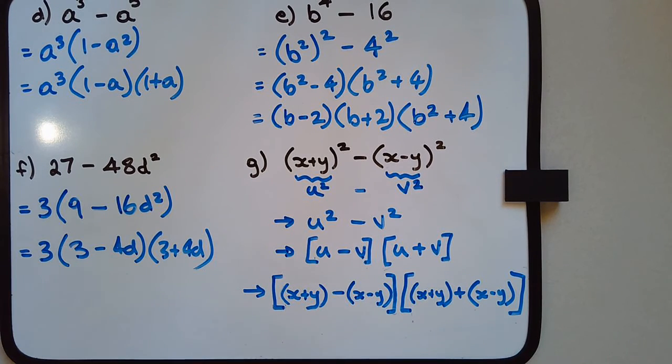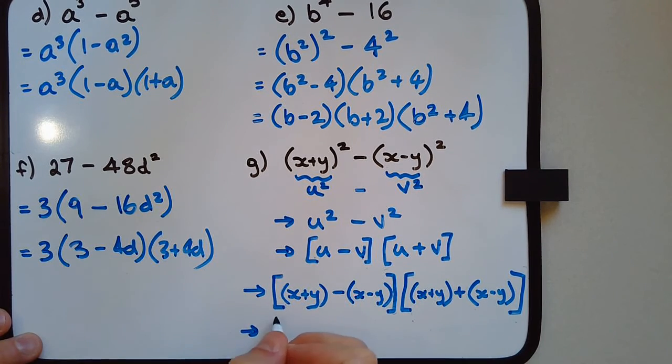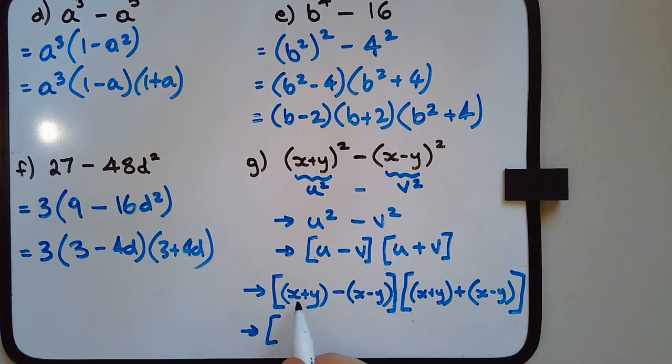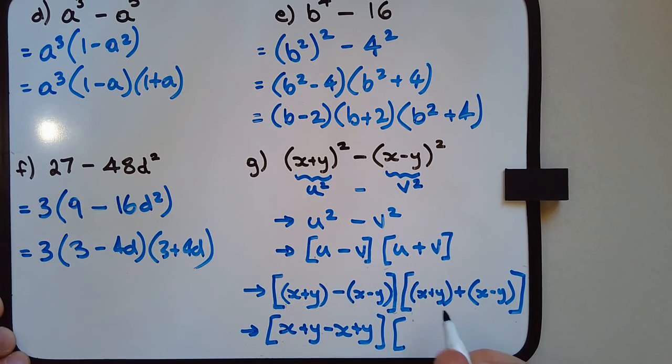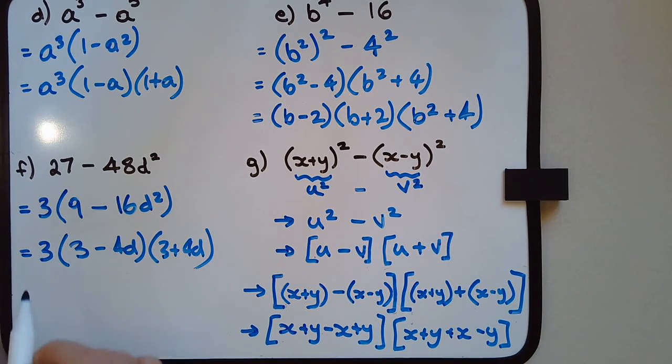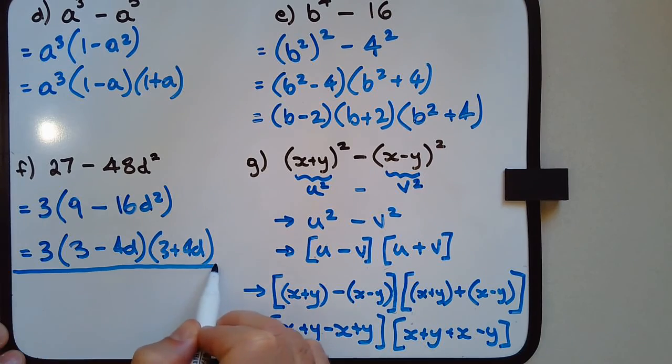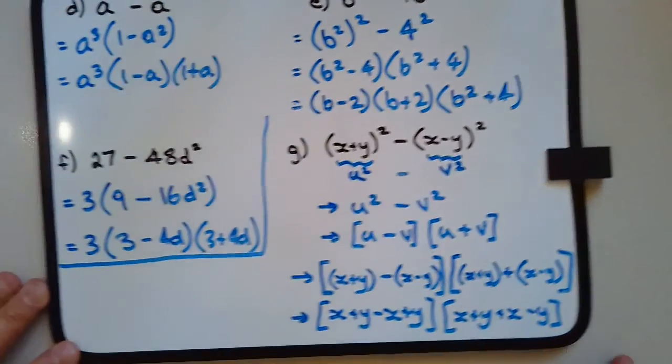Now we can combine the like terms. I'll leave the square brackets on the outside. So we've got x plus y minus x minus y. Expanding the inner brackets, x plus y minus x plus y, minus y gives you positive y. Now I've run out of space here, but I'm going to put the answer on this part of the board.